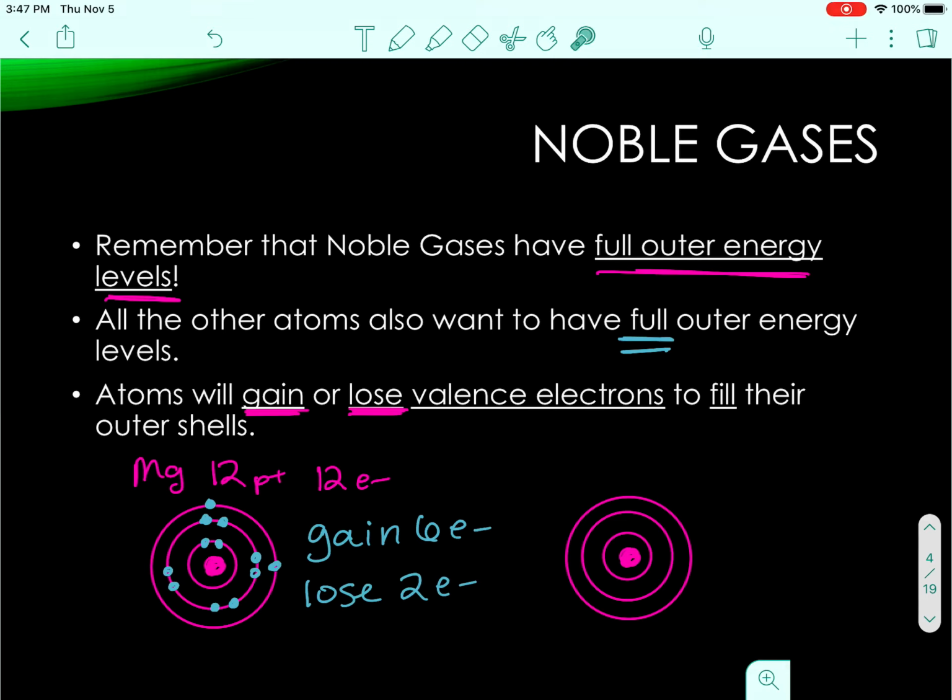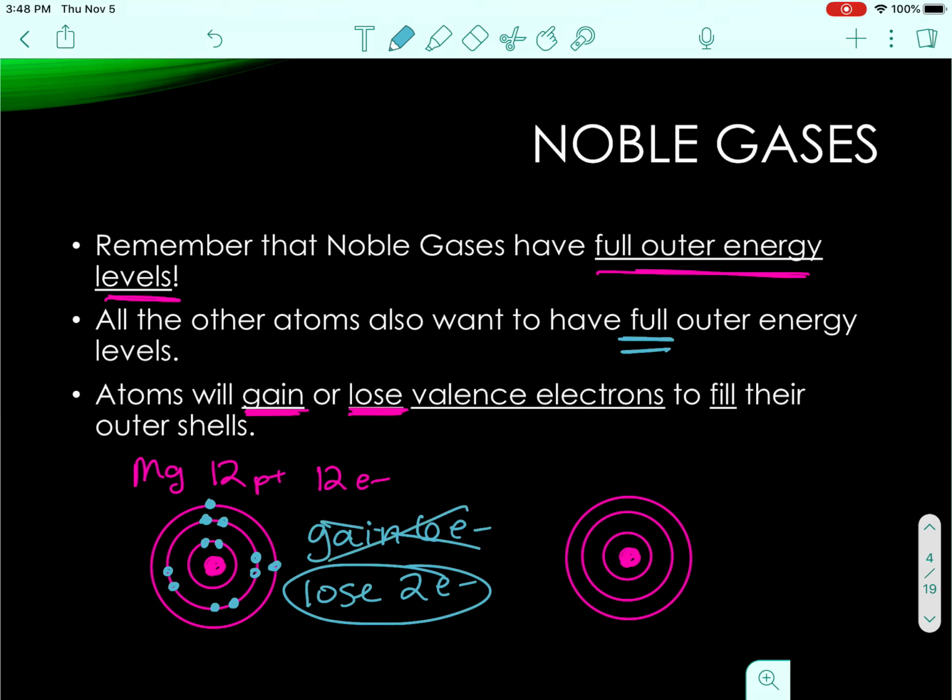Okay? So the atoms will do whatever requires the least amount of energy. So whatever number is smaller is going to take the least amount of energy. So 2 electrons is smaller or easier than 6 electrons. And so what magnesium is going to do is it is going to lose 2 electrons.